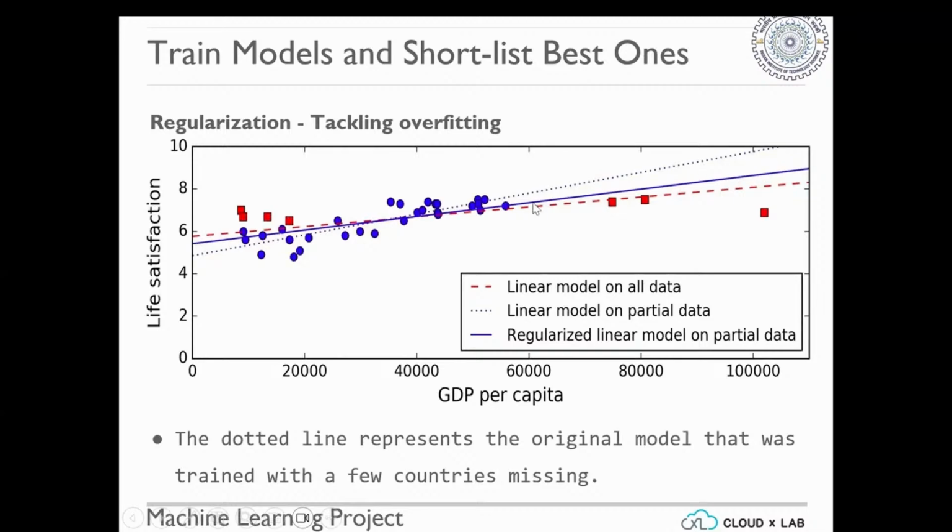So as you can see, this model is better than the red dotted model that we were getting without using regularization, right? Because if you see this red dotted model, this model is influenced by this particular point. So this point may be an outlier, right? And also this point, right?